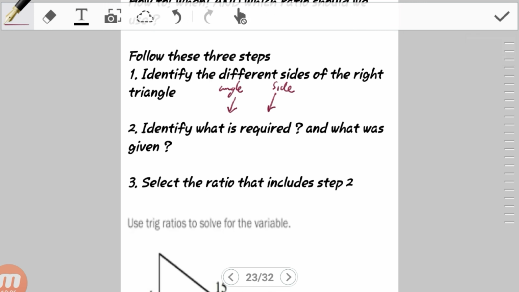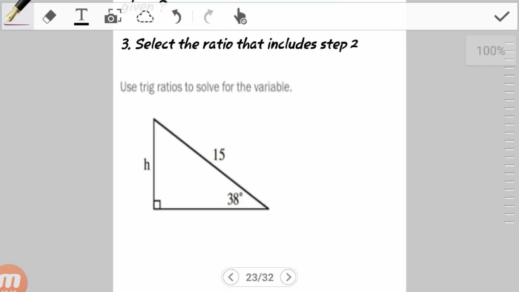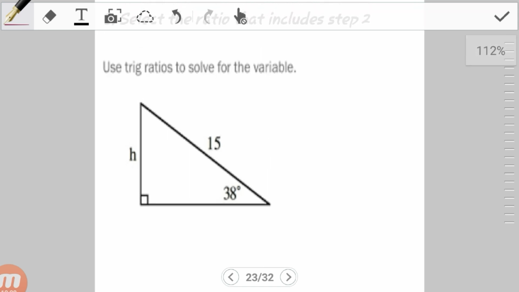And then once you've completed step 1 and step 2, step 3 is where you'll see the ratio pop out at you. You're going to see it naturally. Let's have a look. So here we have a very simple diagram, and it says use trig ratios to solve for the variable.